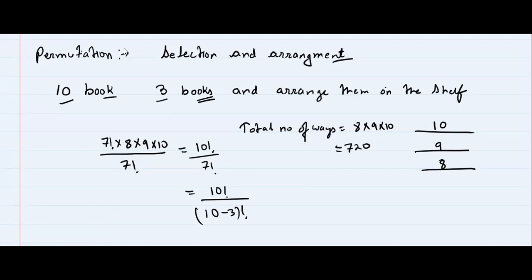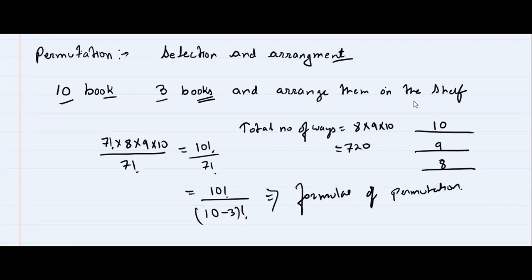Yes or no? Because I'm having 10 and 3 as numbers. The total number of books was 10 and the number of shelves was 3. So this is the formula for permutation. Not this one, but in general.